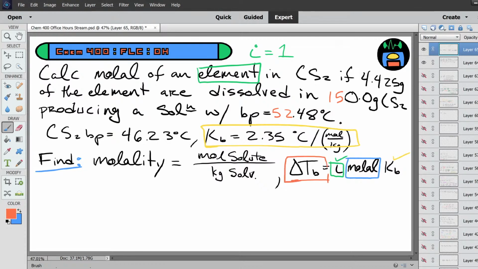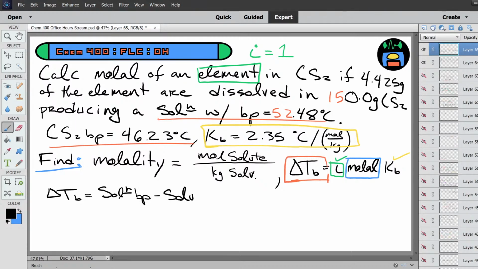Now for the change in boiling point. We can calculate this based on the solution's boiling point and the boiling point of the solvent, because our change in boiling point is equal to the solution's boiling point minus the solvent's boiling point.